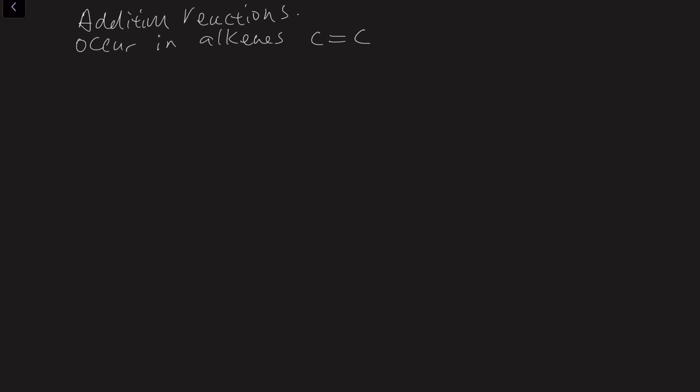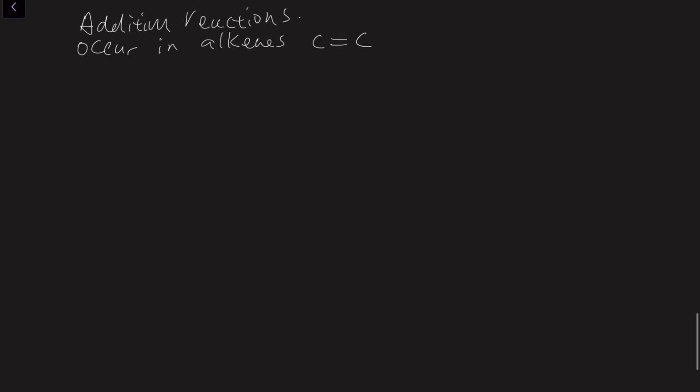Another type of reaction is called addition reaction. So this only occurs in alkenes with a CC double bond. So the reason why it is called addition, if you recall addition from mathematics, 1 plus 1 is equal to 2.